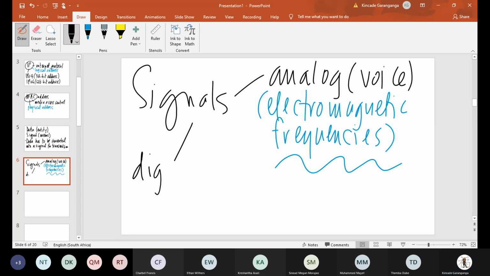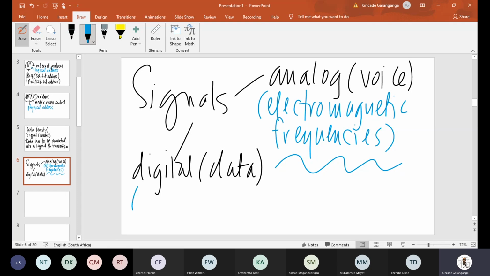And then on the other hand, you will have digital. And not to confuse you, digital is normally identified with your data. And this particular setup is identified as voltage pulses.